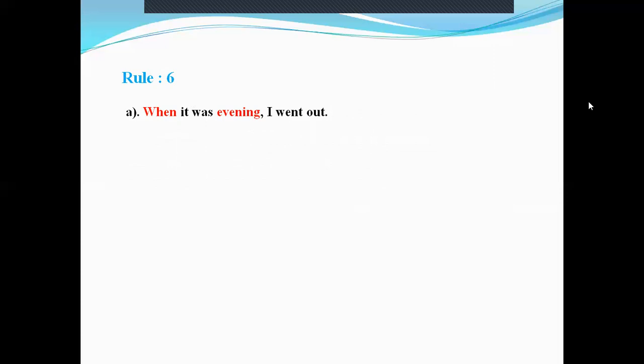So the answer will be at evening I went out. Number B, when it is spring, the cuckoo sings. In case of when, if when indicates a season, use in instead of when and omit the subject and auxiliary verb. So the answer will be in spring the cuckoo sings.